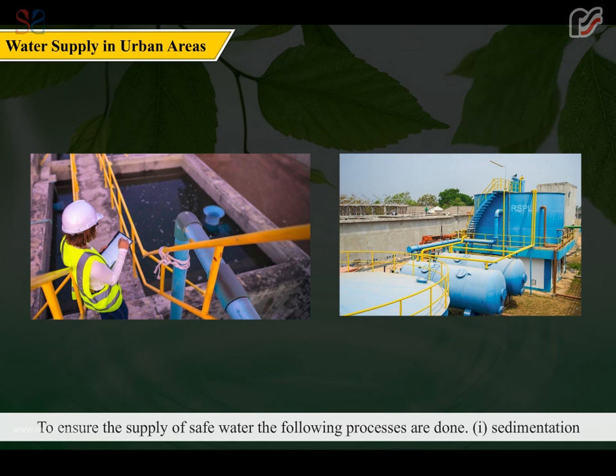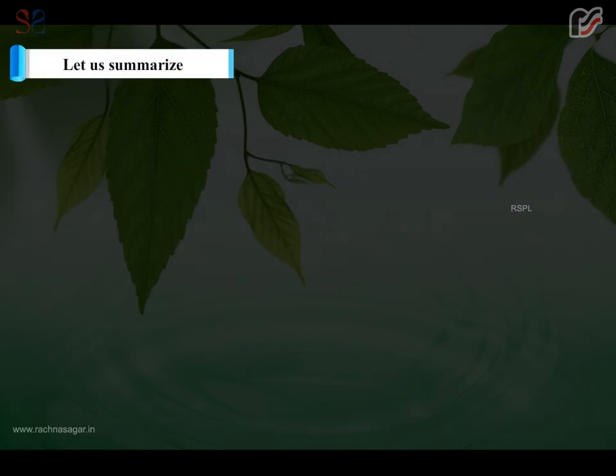The following processes are done. First, sedimentation. Second, filtration. Third, chlorination. Fourth, storage in overhead tanks. Fifth, distribution to houses.